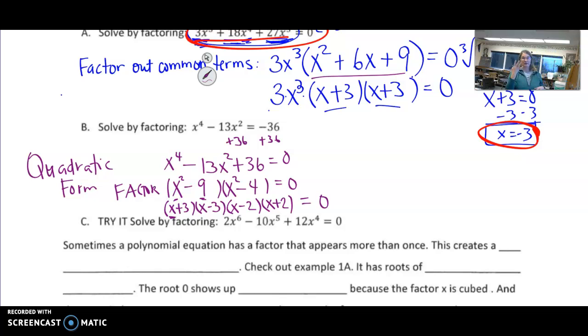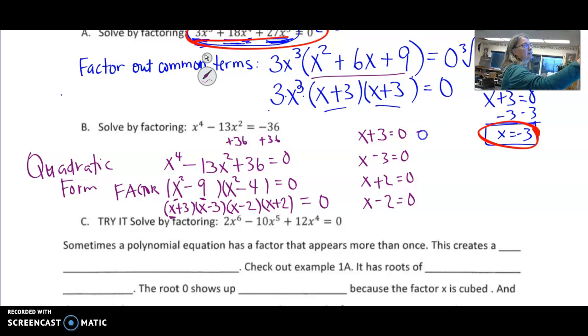Okay, now we have 4 factors. We're going to set each factor equal to 0 and solve to find our zeros. I went out of order here, but it's still going to give me the same zeros. If you solve each of these, x plus 3 equals 0 gives x is -3. x minus 3 equals 0 gives x equals +3, because we add 3 to both sides.